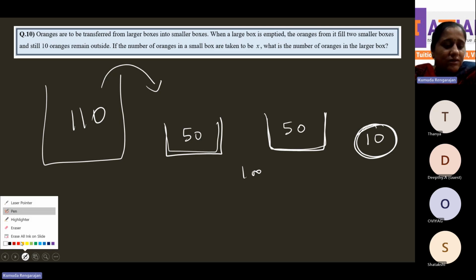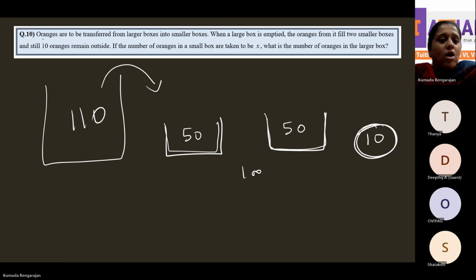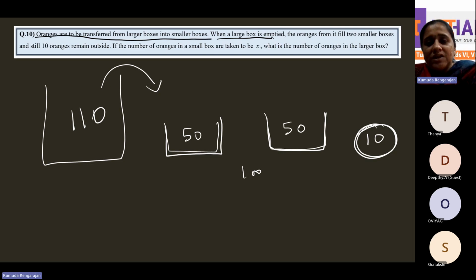In the same way, in this situation, oranges are to be transferred from larger boxes into smaller boxes. From one large box, if they empty the oranges, it fills 2 smaller boxes and still 10 oranges remain outside.